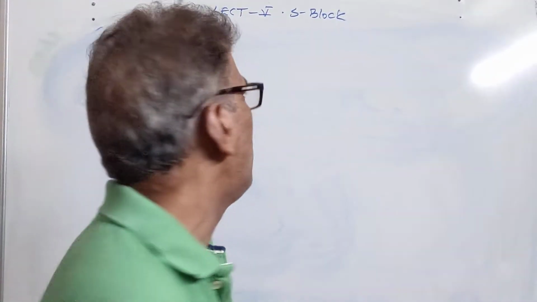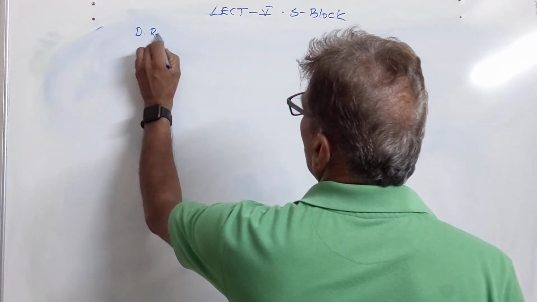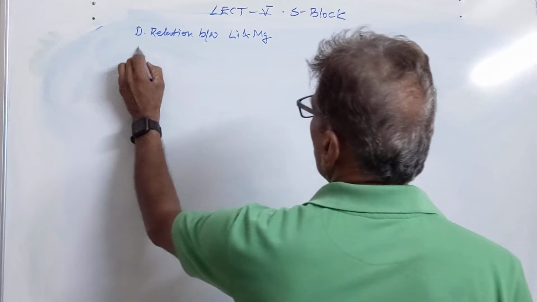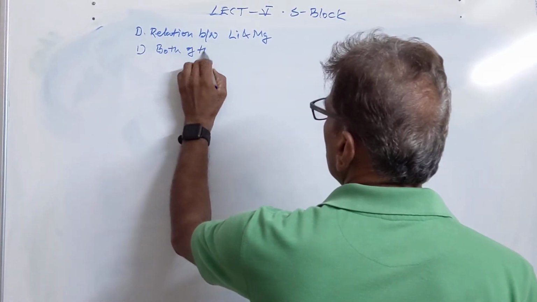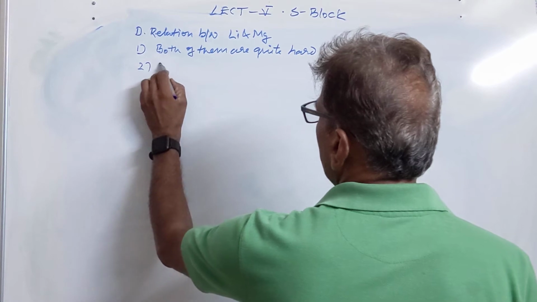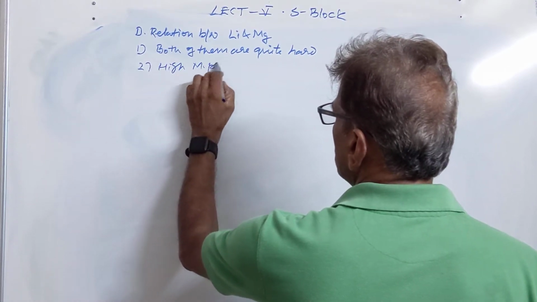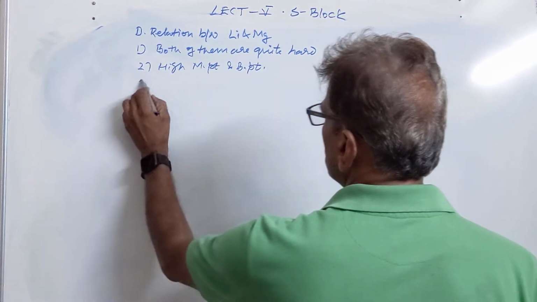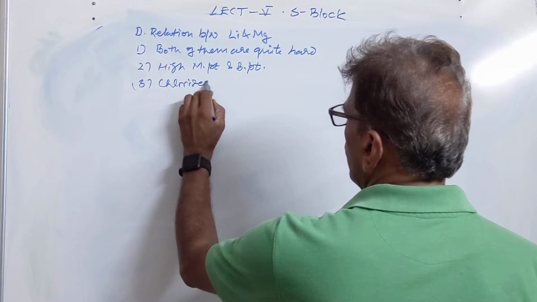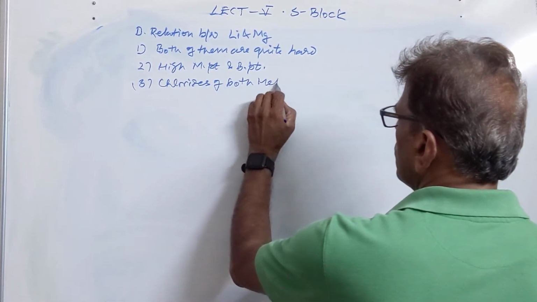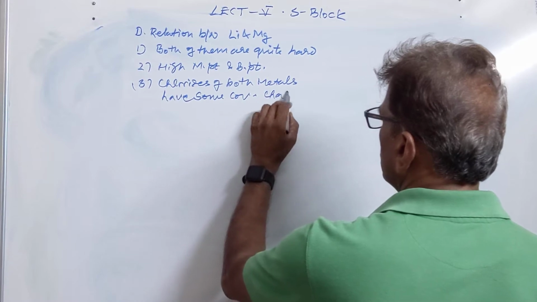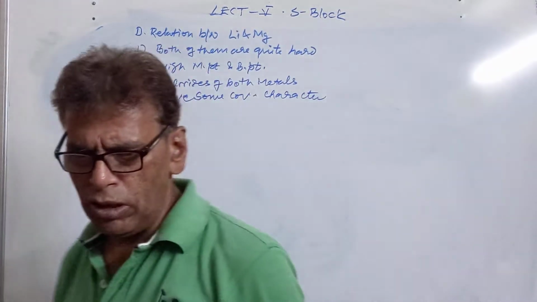Both of these metals are quite hard. Both have high melting and boiling points. Then the chlorides of both metals have some covalent character, due to their small sizes.